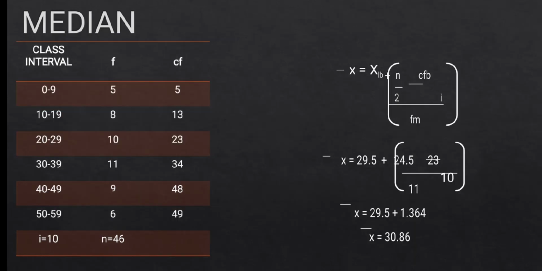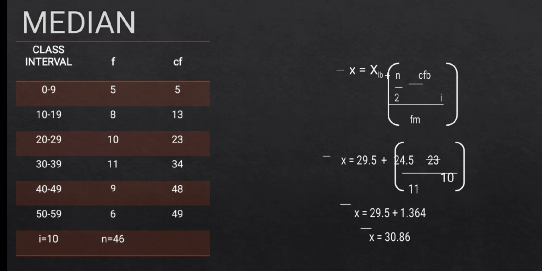Let's proceed with the median. Median actually means middle. So what we're looking for here is the middle part of the grouped data. For this, we will need the class interval, the frequency, the total number of respondents, the cumulative frequency, and the class size. Here is the formula we'll be using.